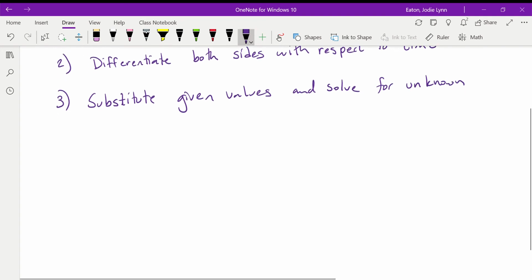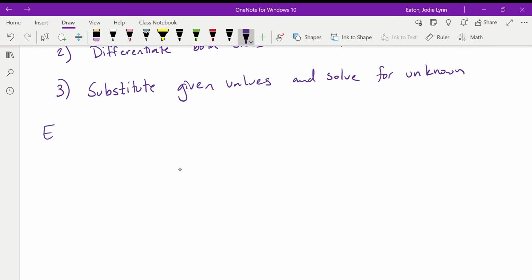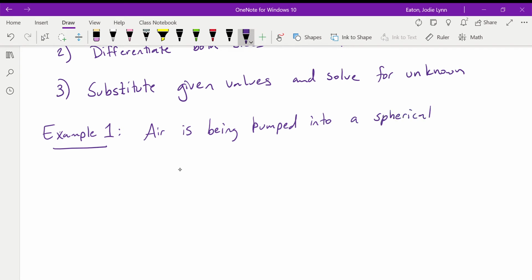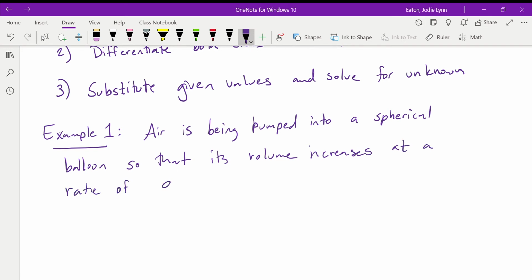Okay, so example 1. Air is being pumped into a spherical balloon so that its volume increases at a rate of 90 centimeters cubed per second.